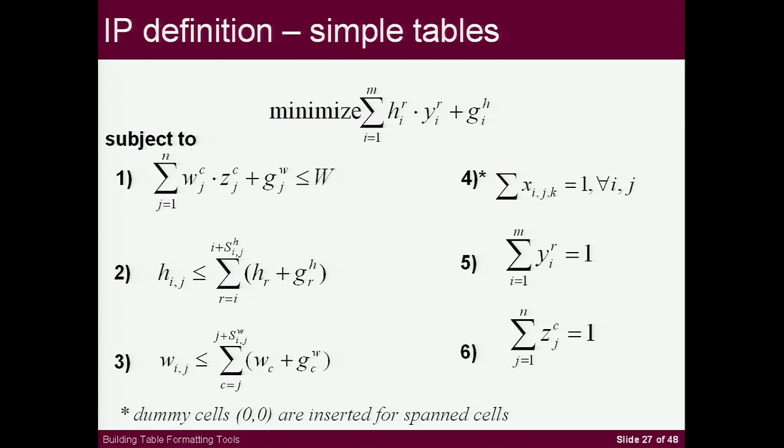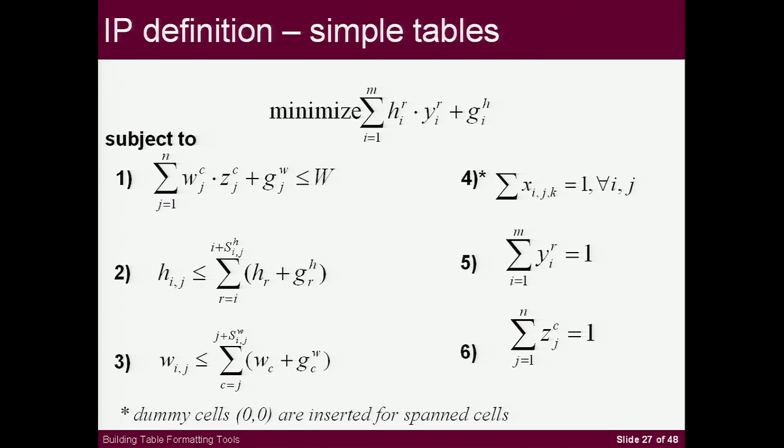Every cell's width is less than or equal to the width of the column, and every cell's height is less than or equal to the height of the selected row height. Of course, for every cell, as you can see in constraint 4 here, only one configuration needs to be selected. And in every row, only one height has to be selected. In every column, only one width has to be selected.